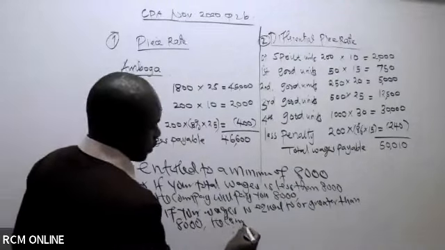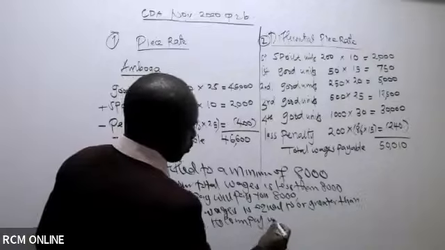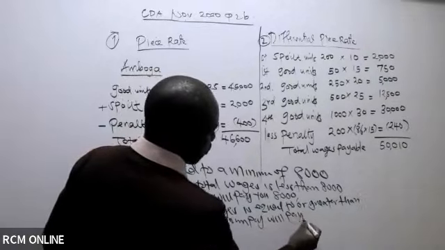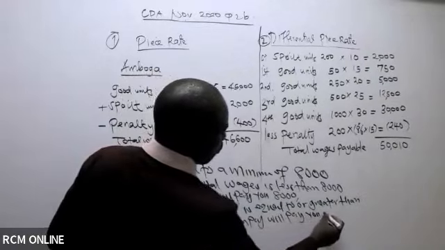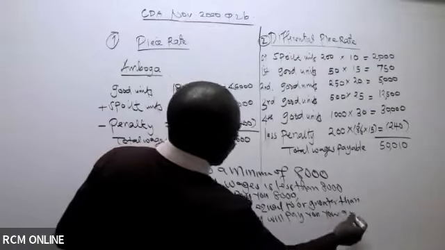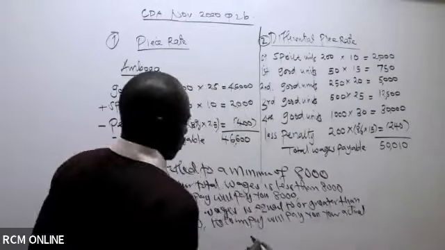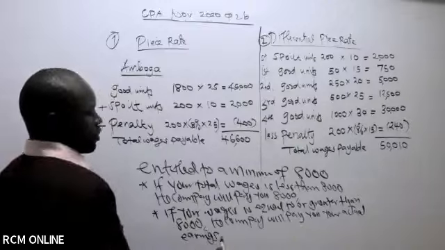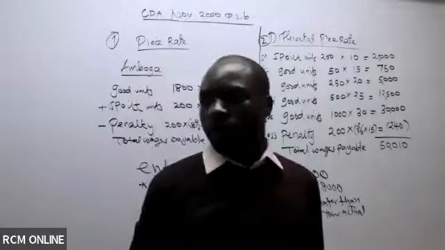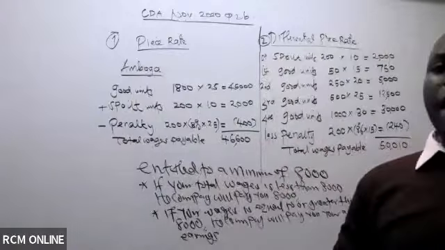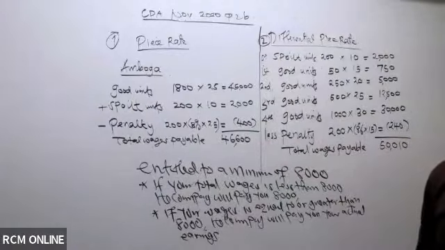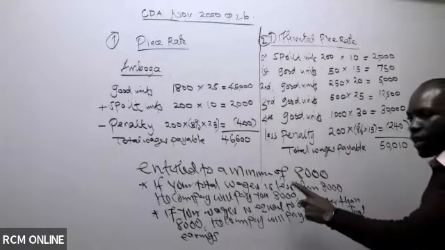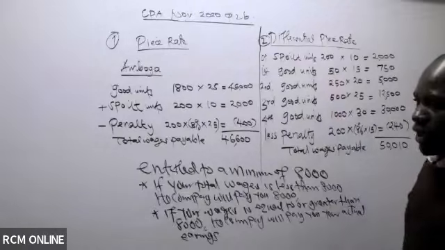Is it now clear? If you worked for the entire month, na tumecalculate tukapata, what we are supposed to pay you is 7,000, we cannot give you 7,000.